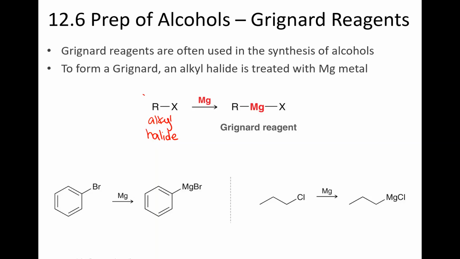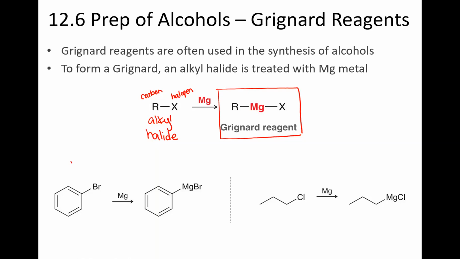Magnesium will insert between a carbon halogen bond to form what is known as the Grignard reagent. The Grignard reagent is then treated with an aldehyde, ketone, or ester to form the alcohol product.